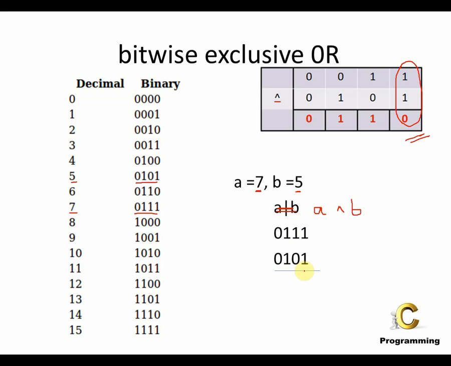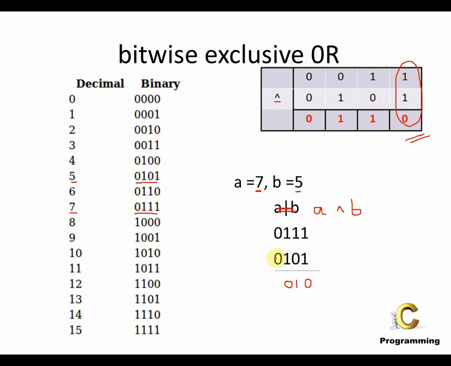After we perform the bitwise exclusive OR for these two decimal numbers converted into binary values, we get 1 exclusive OR 1 is 0. Refer to the chart. 1 exclusive OR 0 is 1. 1 exclusive OR 1 is 0.